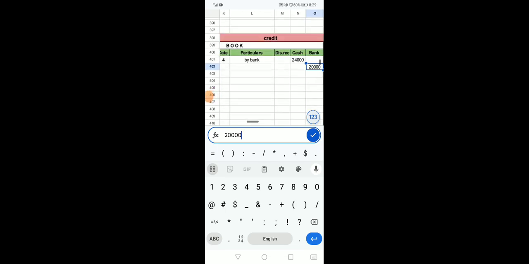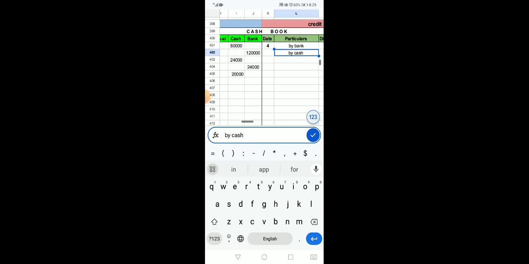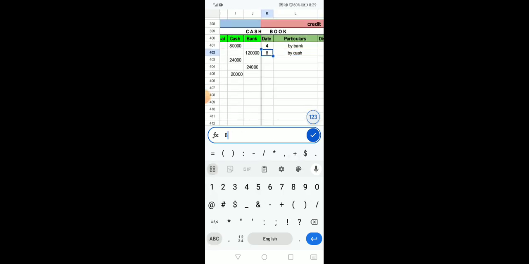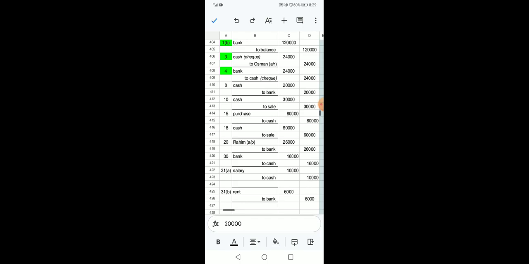So you will write here by cash, and now see the date, which is 8. So you will put 8 over here. 8th entry was having two elements, cash and bank. Cash was debited by 20,000. Bank is credited by 20,000. Entry has been completed. Both elements have been posted. If it is completed, mark it as it has been done.